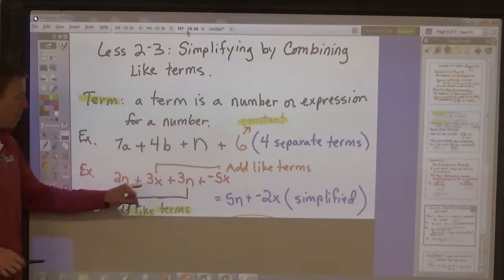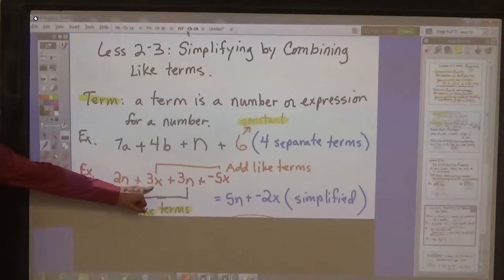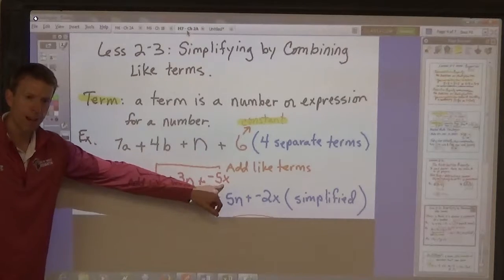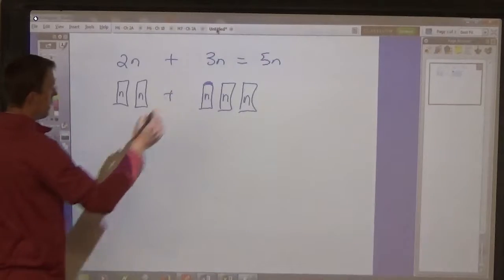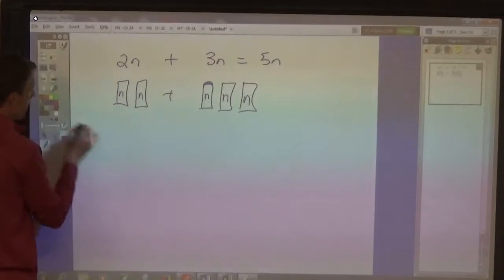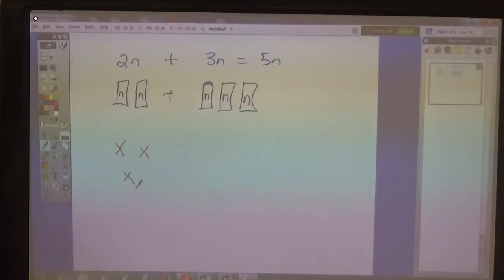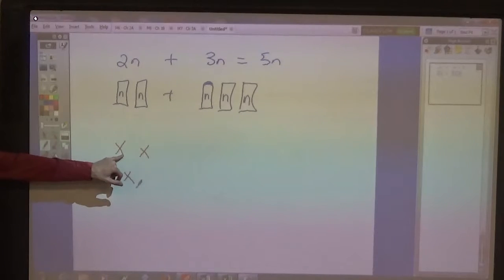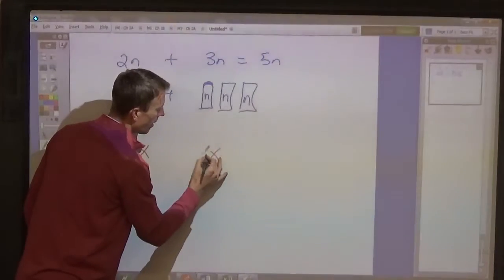But look over here. You can add 3 x's to negative 5 x's. If you have 3 x's, these are positive, and negative 5 x's.